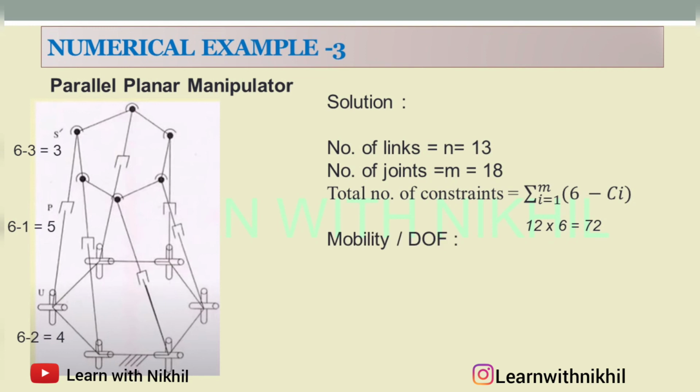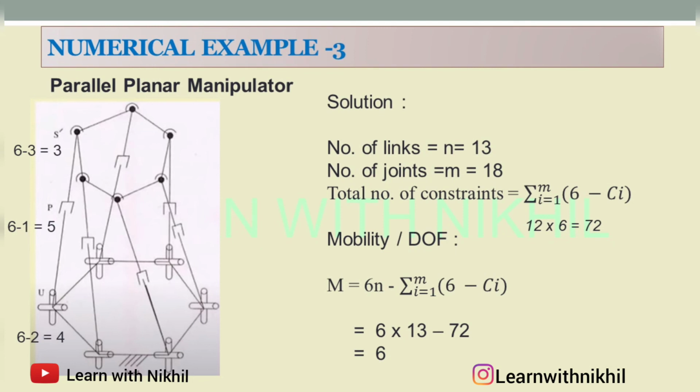Now moving forward to find the degree of freedom or the mobility, the formula is mobility is equal to 6n minus the total number of constraints. So 6 multiplied by n, which is 13, minus 72 gives us 6 degrees of freedom.